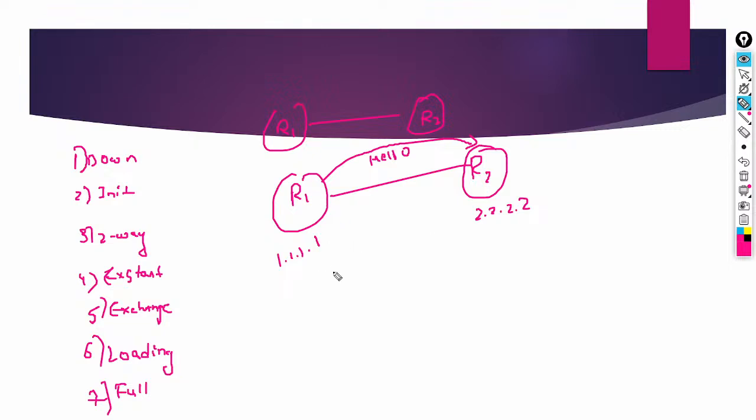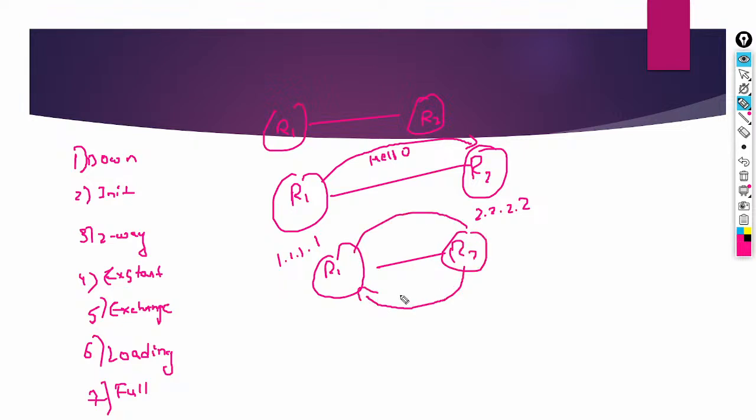Now in the two-way state, what happens? R1 has sent a hello packet to R2. Now R2 will send a hello packet to R1. In that hello packet, what is it going to send? It is going to send its own router ID plus the router ID it has received. Here it has received router ID 1.1.1.1, but in this hello packet it will include 1.1.1.1 and 2.2.2.2.